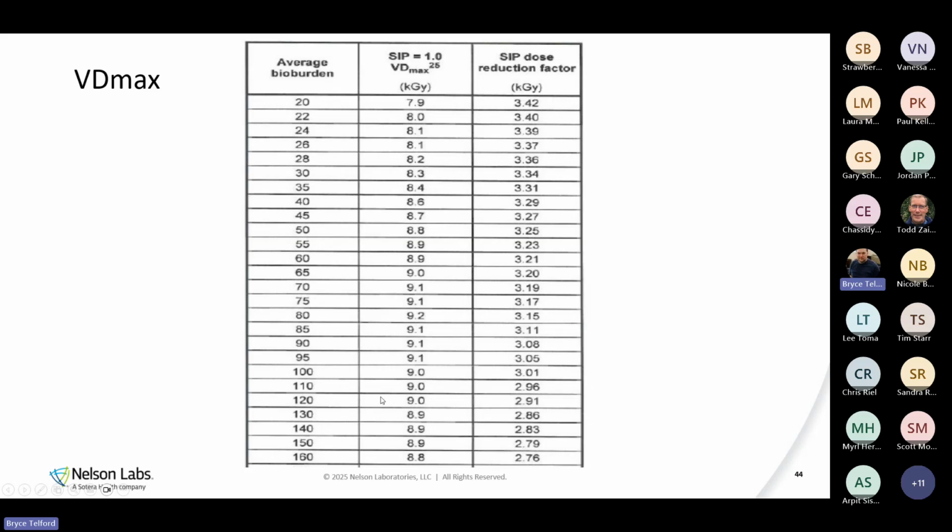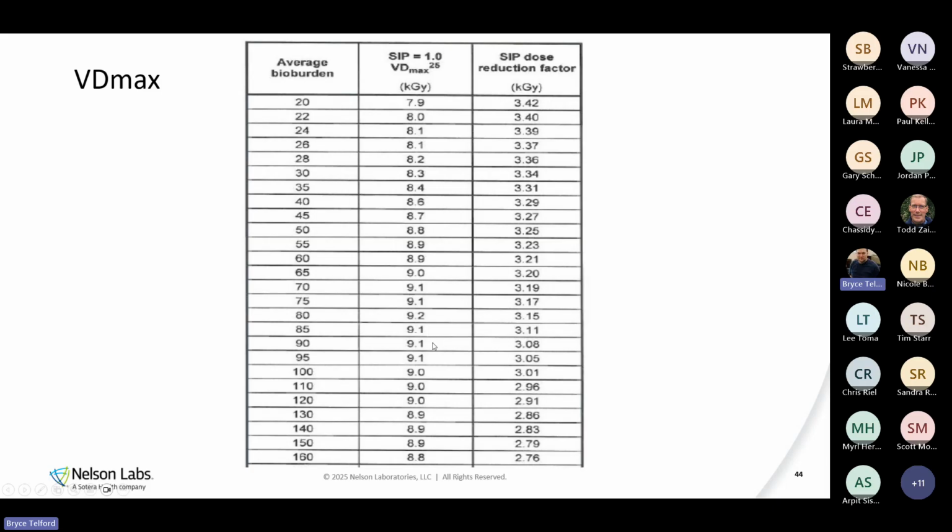If I start overestimating my bioburden, in the case of VD max, something interesting happens, and this is worth pointing out since we're here: up to 80 CFU, as my bioburden increases, my verification dose increases. So if I'm overestimating my bioburden, I'm actually biasing myself towards a higher verification dose and therefore less of a challenge to passing my sterility.